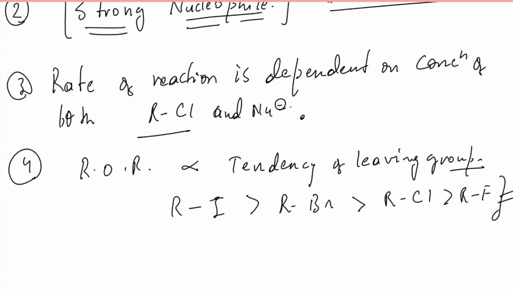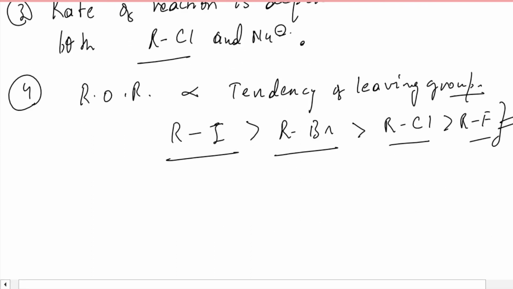That is because it's dependent on bond length, and RI has maximum bond length, so the bond is easier to break, and hence I negative is a better leaving group than Br negative, then Cl negative, then F negative. So the rate of the reaction increases with decrease in bond dissociation energy.